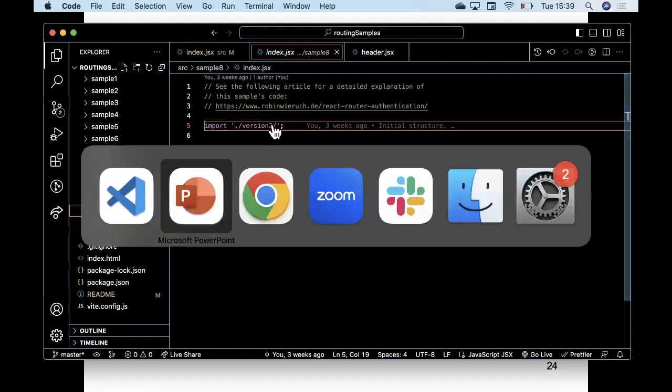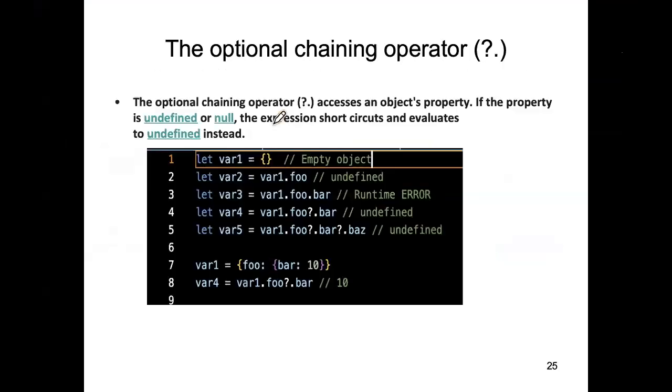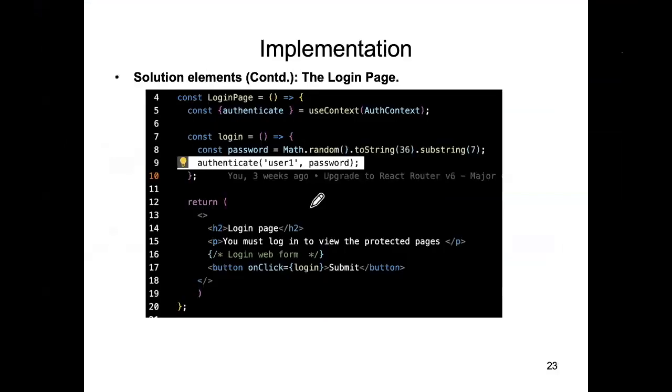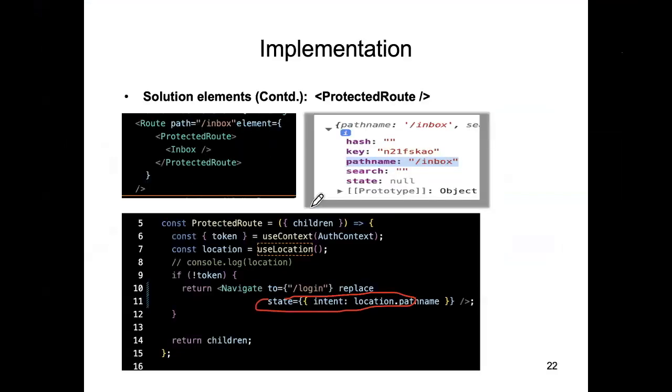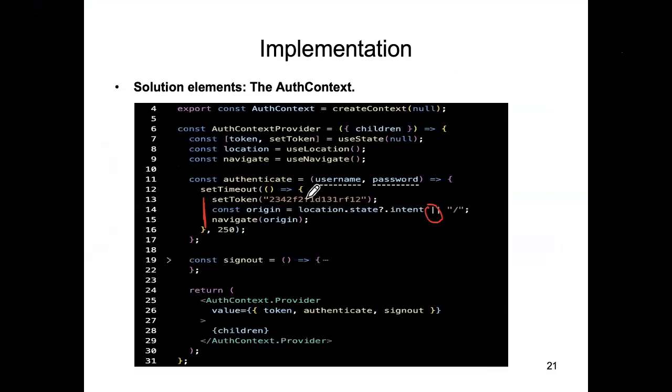Maybe if I go back to my slides, because I have some notes on it now. Okay, there's a couple of notes. I want to go back, first of all, to that question mark that you saw. I know I'm jumping around the place, but if I go back to here, you see here where I have location.state question mark dot.